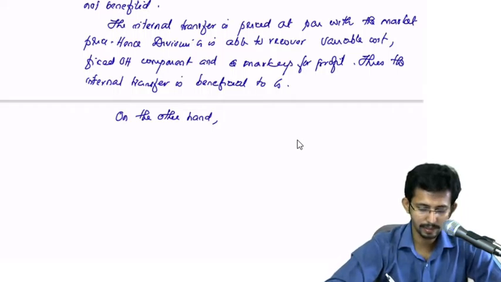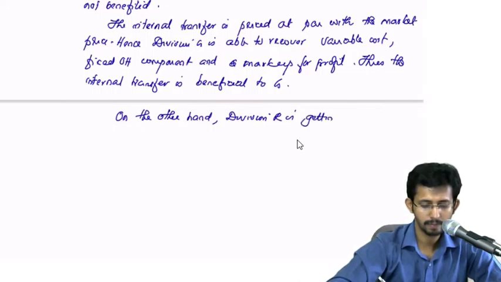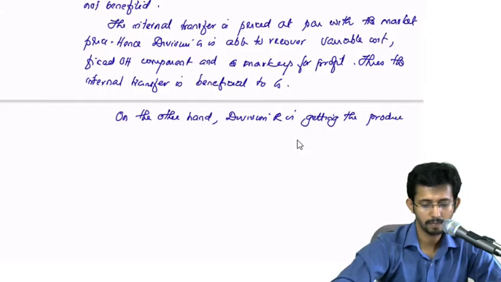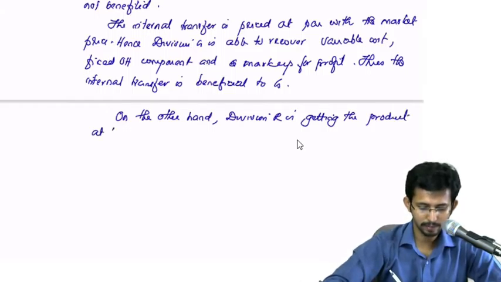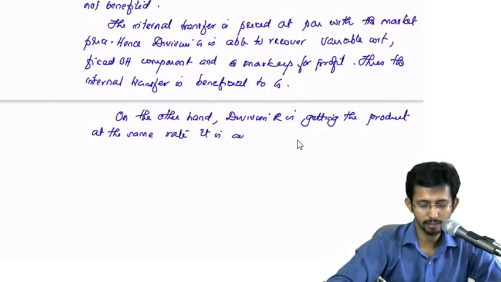Division R is getting the product at the same rate it is available in the market.